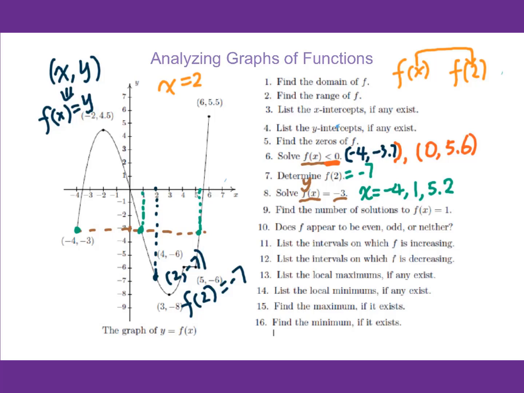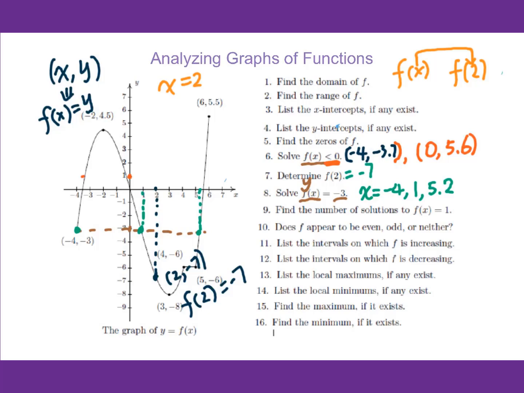For number 9, find the number of solutions to f(x) equals 1. Basically, we are not looking for what the solutions are. We're looking for how many solutions there are to f(x) equals 1. You find 1 on the y-axis. It's here.